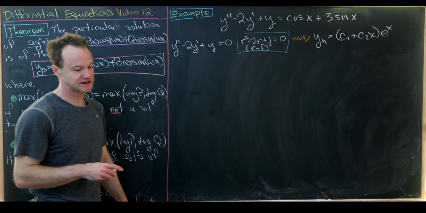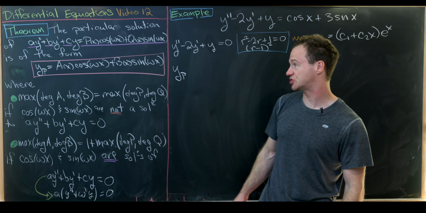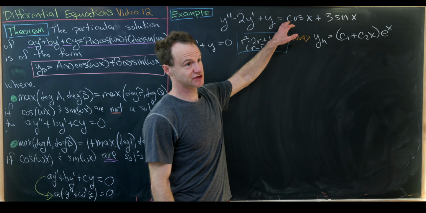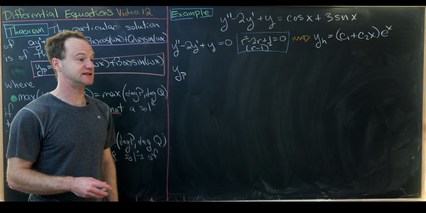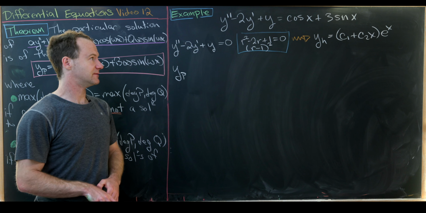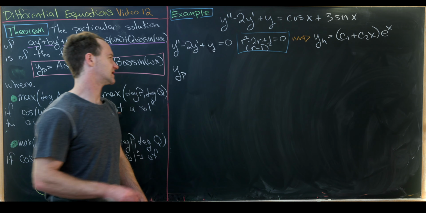Now let's look for our particular solution, which by our theorem, we have an idea of its shape. So in this case, we've got just a constant times cosine and a constant times sine, so we can think of those as degree 0 polynomials. So that means our solution should also be a constant times cosine plus a constant times sine.